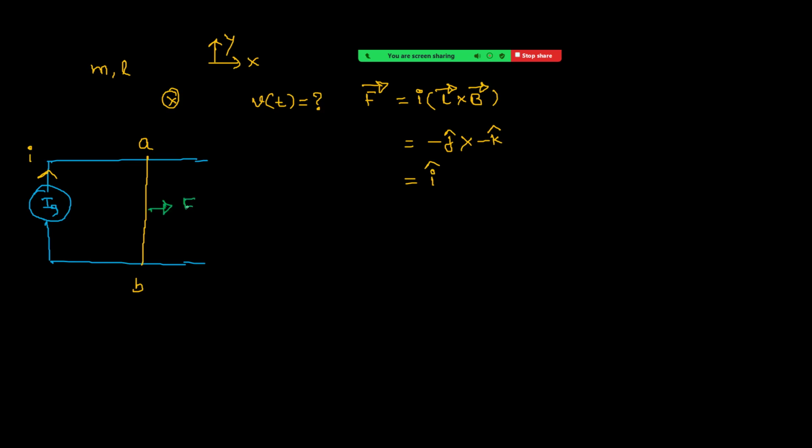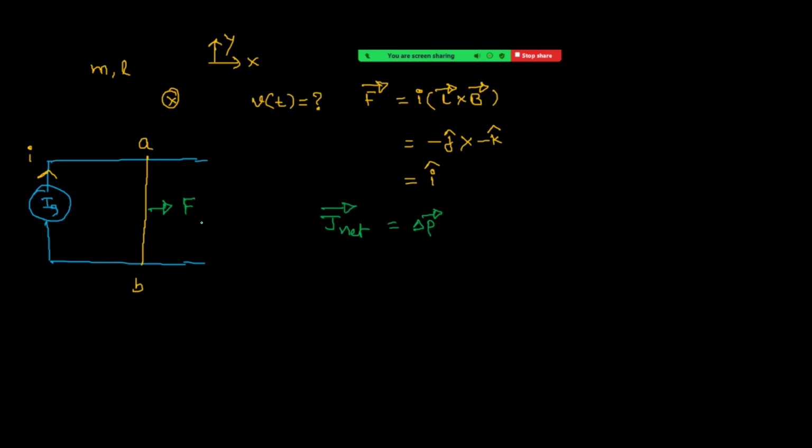And you can see this force is a constant force because I is a constant, L is a constant, B is a constant. Constant force acting, asking velocity as a function of time. So now what I'm doing here: we have learned that the impulse of net force is equal to change in momentum. This is what we have learned, right?